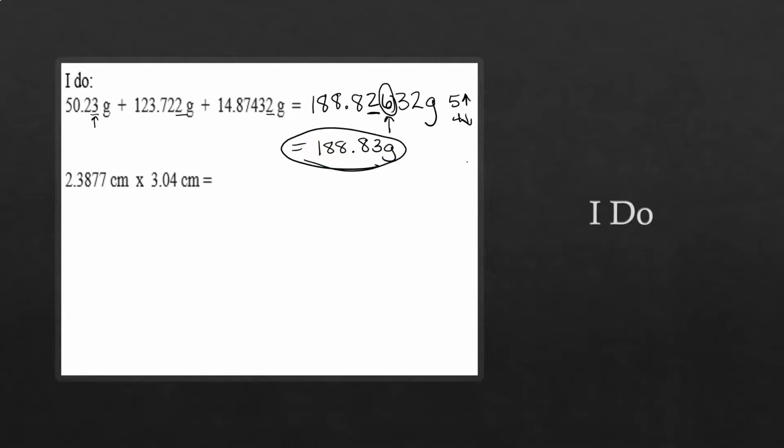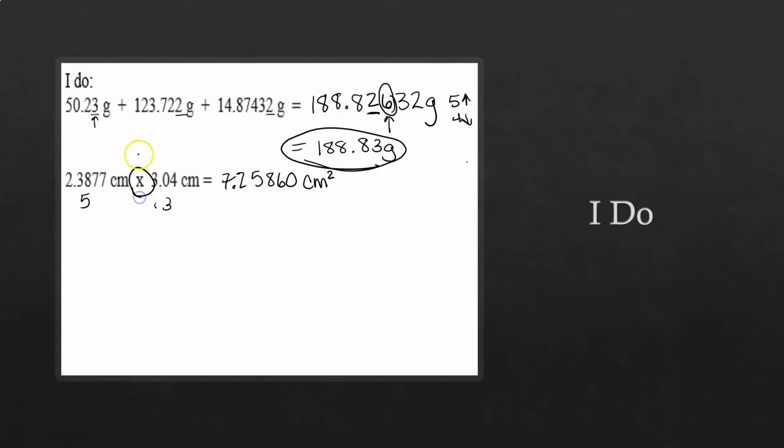Looking at the next one, I would do the arithmetic: 2.3877 times 3.04, and write my total answer, 7.25860 centimeters squared, since I'm multiplying it. And then I look, I have 5 sig figs here and 3 sig figs here.